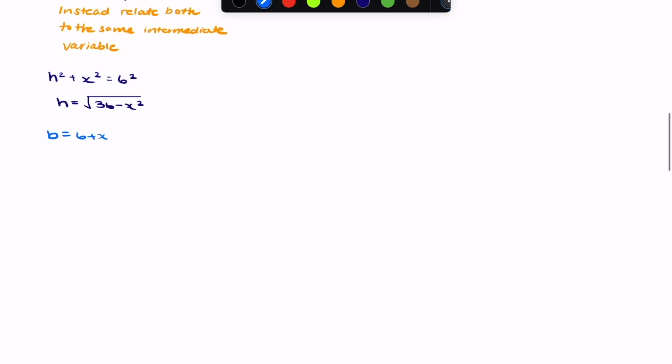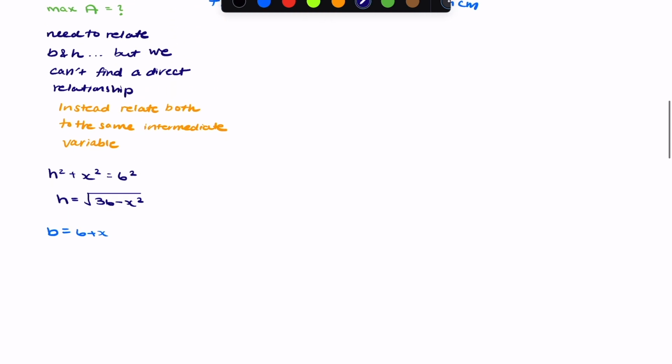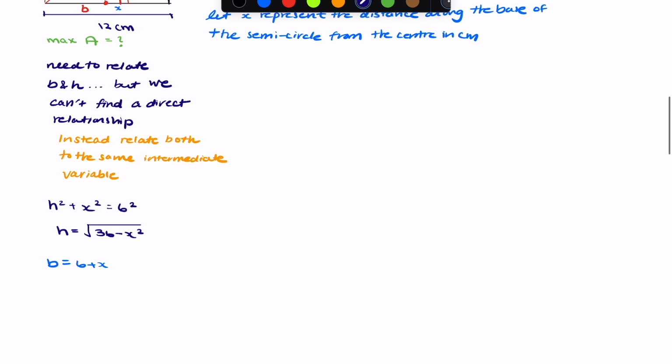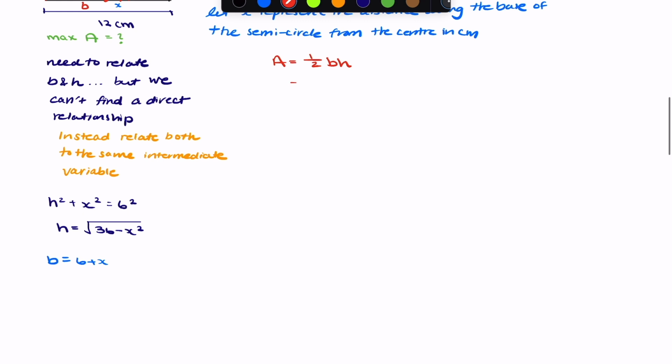Okay, and so the area of a triangle is equal to 1/2 base times height. So we sub in our base, 6 plus x, so 1/2 times (6 plus x), and our height is (36 minus x squared) to the power of 1/2, or the square root of 36 minus x squared.